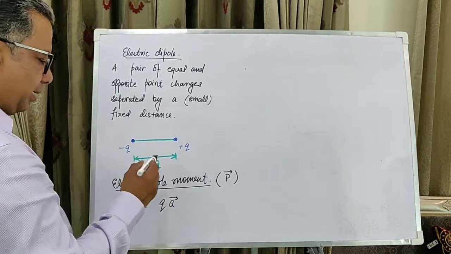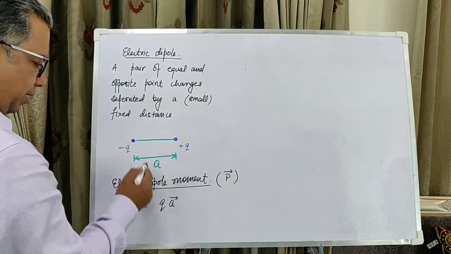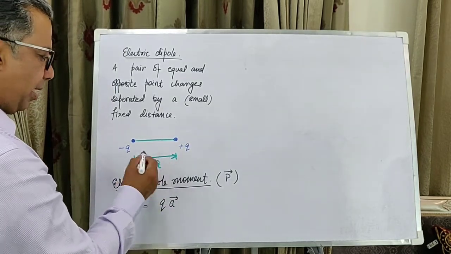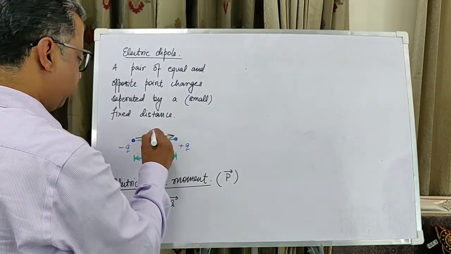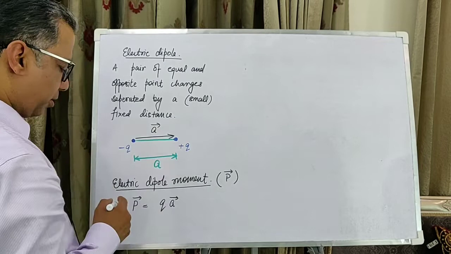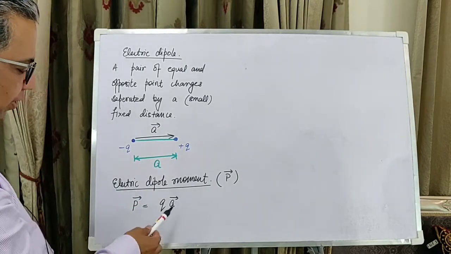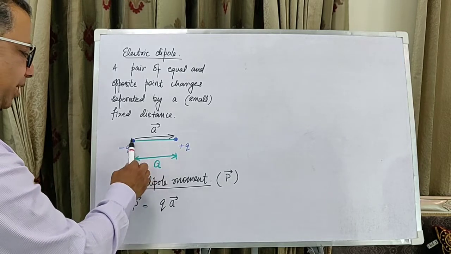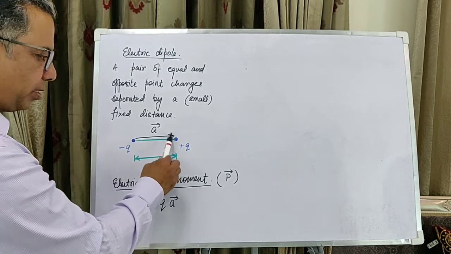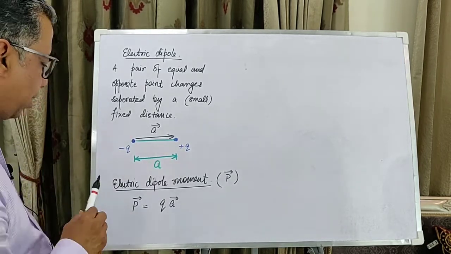This vector A here has the same magnitude as this distance a, and it is directed from the negative charge towards the positive charge. So the direction of the A vector and the P vector is the same, from the negative charge towards the positive charge.